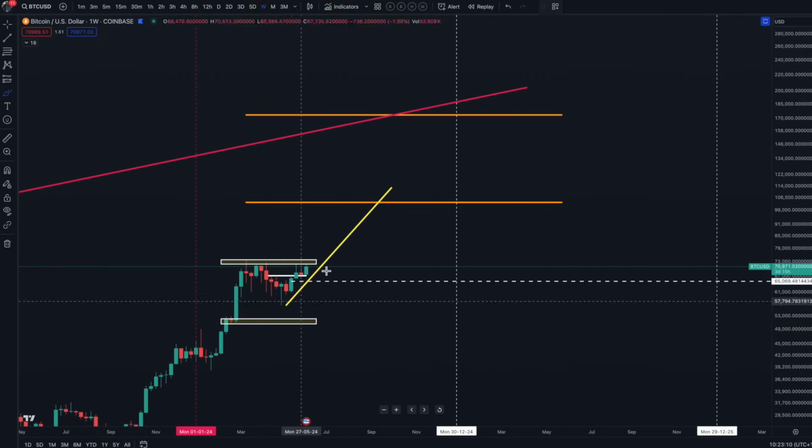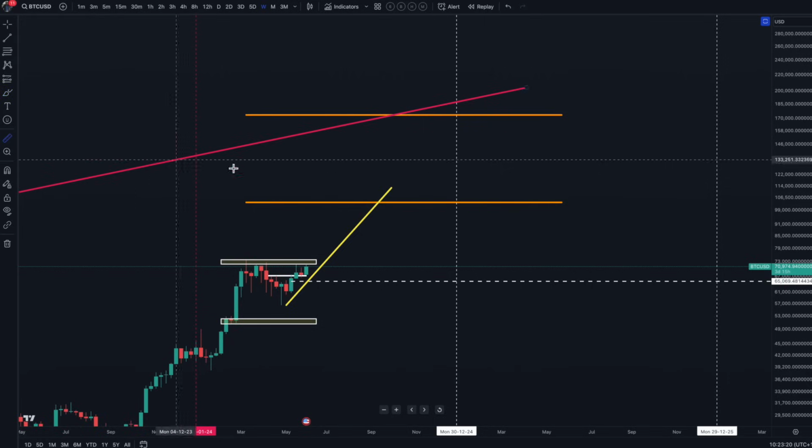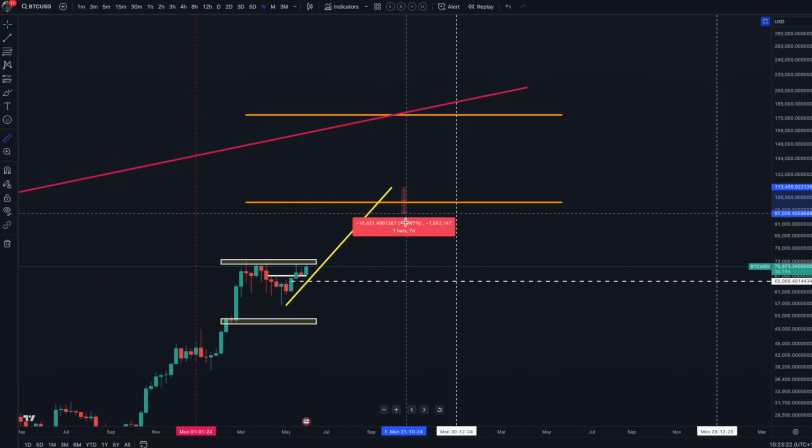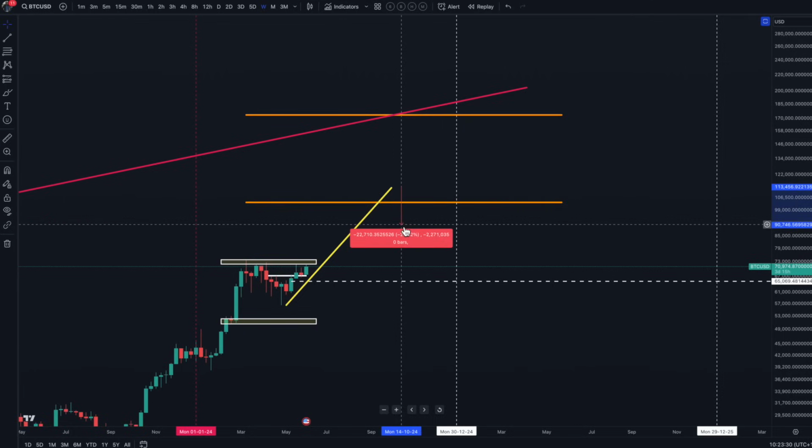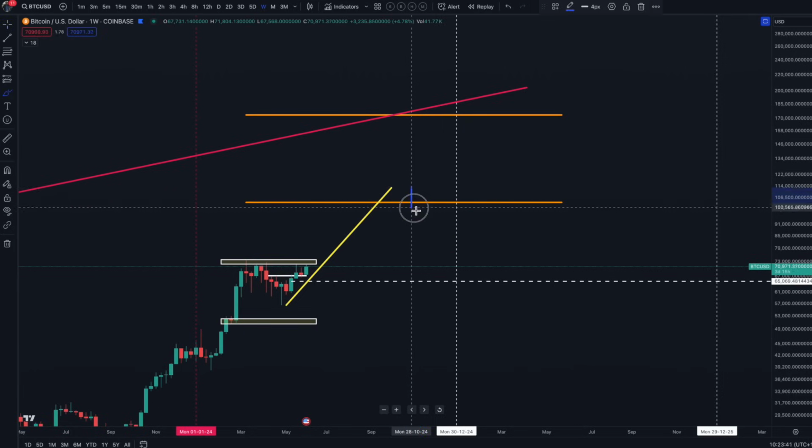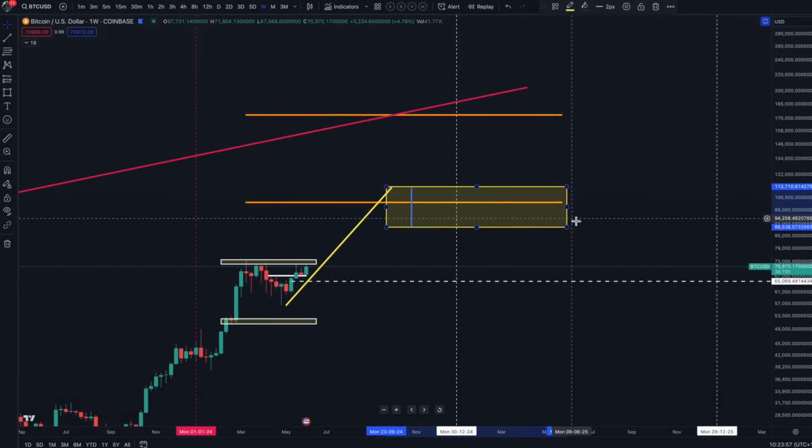So what this extension is telling us here is that this price is going to go into the ballpark figure of about 112, 113. And if we measure 20% fall from there, that takes it down to 90,000. So just on that measure, from 112 down to 90,000, that gives us a range that's coming up over the next few months.